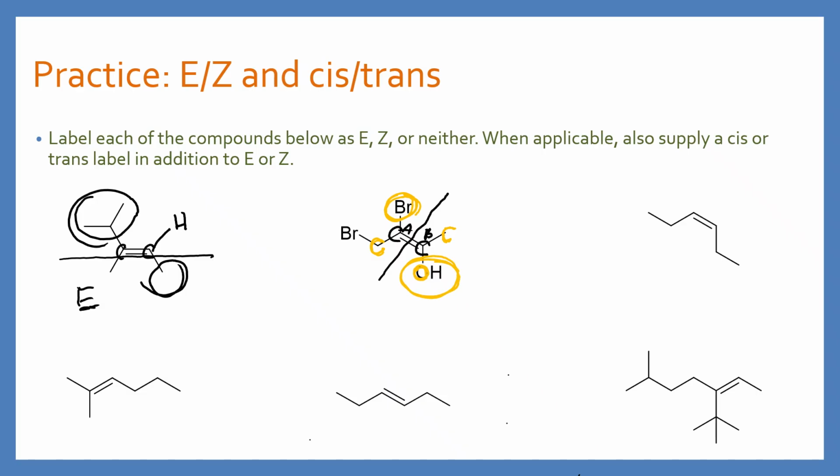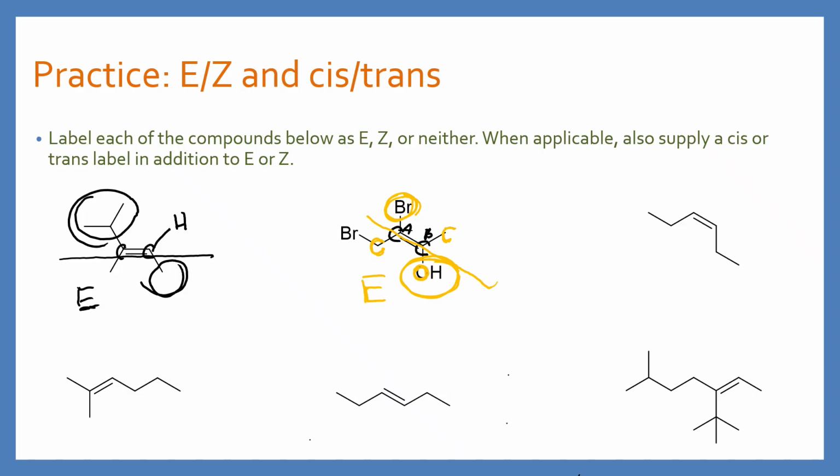I think they would have the same weight because oxygen weighs 2 more atomic mass units than carbon, and the methyl group has 2 hydrogens. So I think overall their weight would be approximately the same. So the hydroxyl group ends up being the priority because the oxygen is bigger than the carbon. So these priority groups are on opposite sides. This is an E isomer.